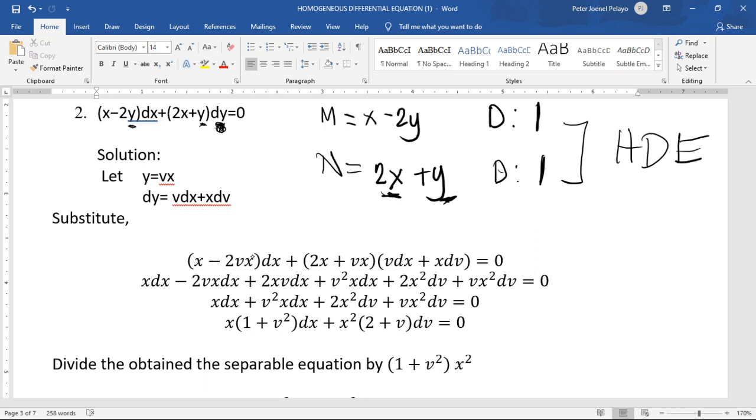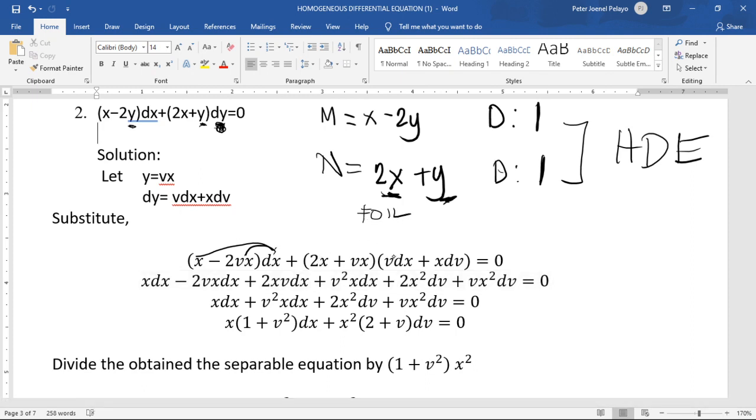Now, what we will do is distribution. So, we distribute dx: x dx and 2bx dx. Now, here, we use the FOIL method.